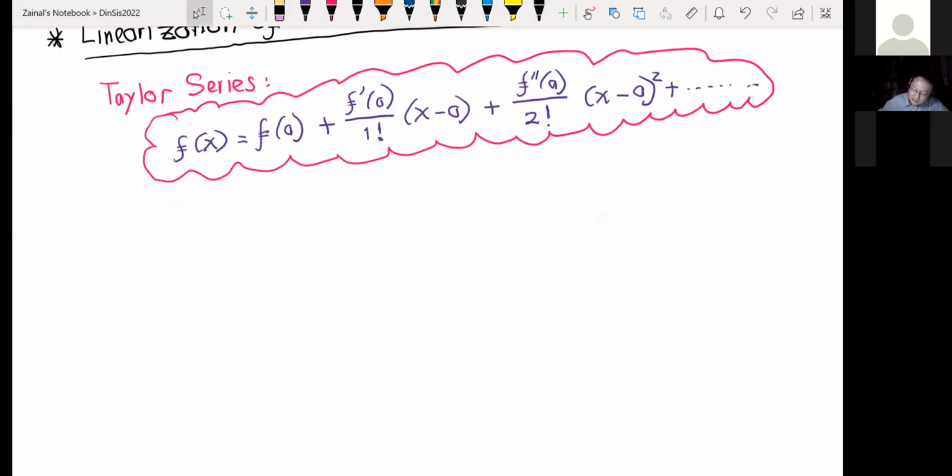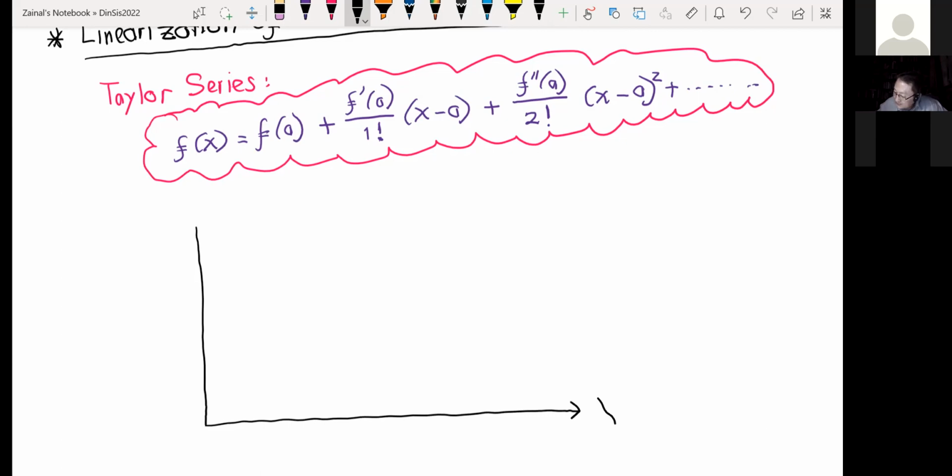This is X, capital X, not small x. And this is Y, capital Y, which is the same as a function of X. You have a nonlinear curve, for example, the curve is something like this.